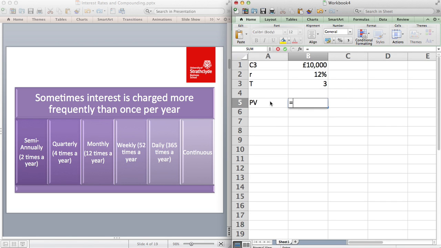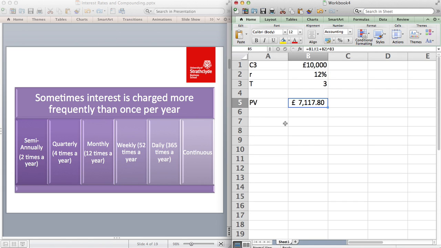So the present value is equal to the cash flow at year 3 divided by 1 plus 0.12, to the power 3, and we're given a value of £7,117.80.